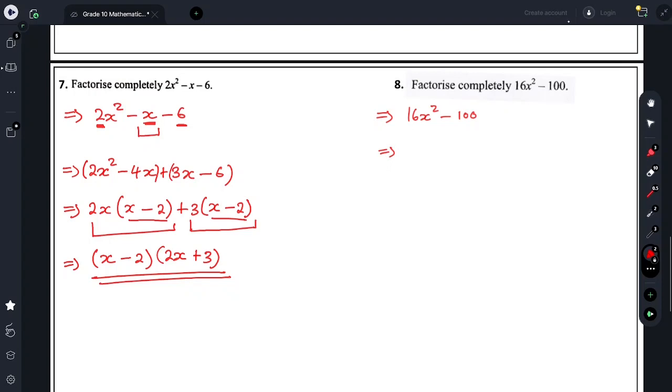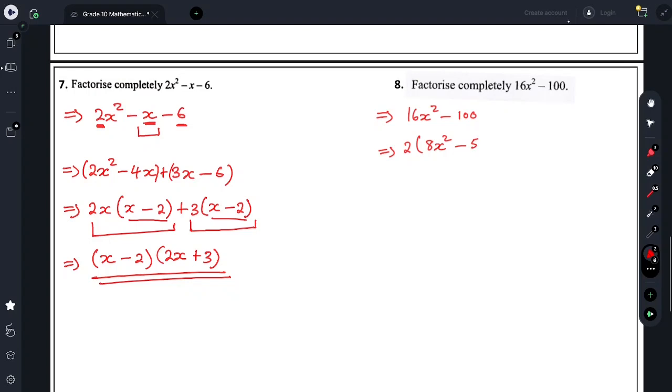So this is actually a 2. 2 can go into 16, all right? So you factor out 2, then what you remain here, you say open brackets, you remain with 8x to power 2. Then you say minus. Here you remain with actually 50, right? Yeah. So that will be 50.